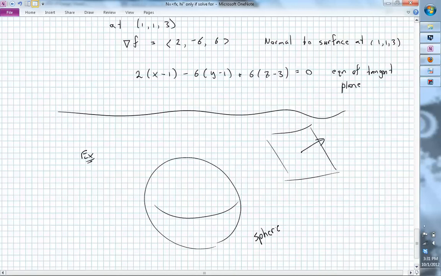I think the book does an example like this. Imagine this plane sitting out there. Can you find the two points on the sphere where the tangent planes are parallel to this given plane? There's one there, and there's one back here.